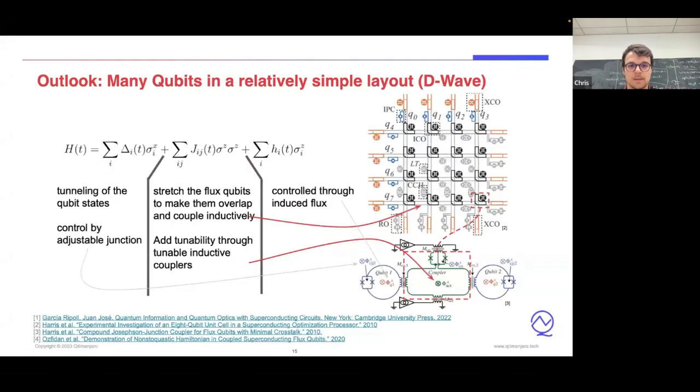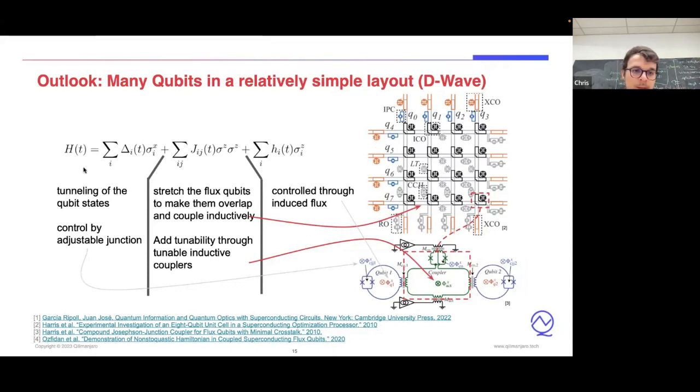And as an example of how to scale this up, there's the layout from D-Wave, which is, I mean, a relatively easy step from what we learned so far. We can basically explain this already with these few concepts.